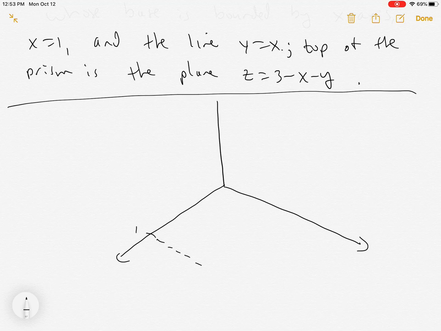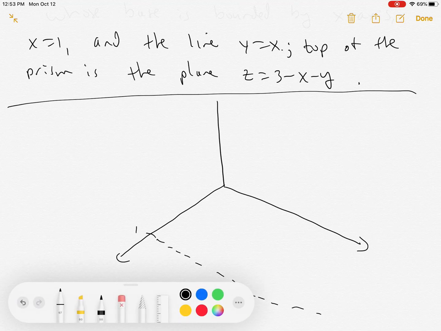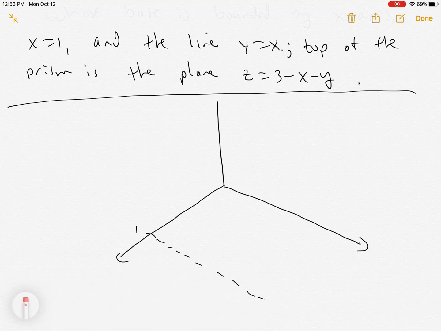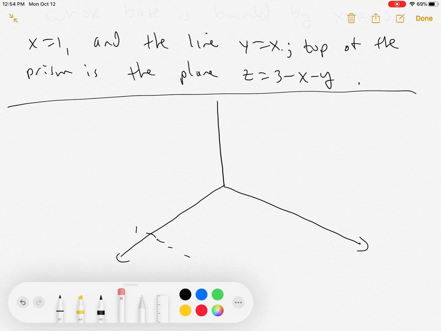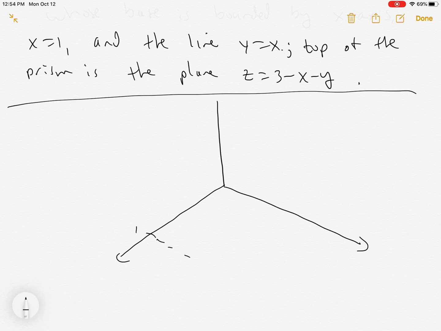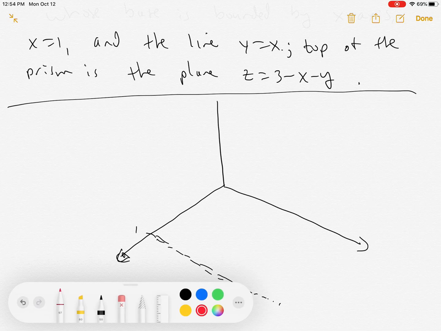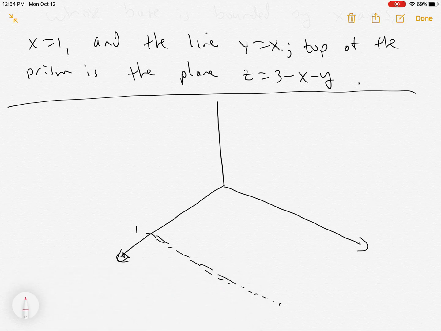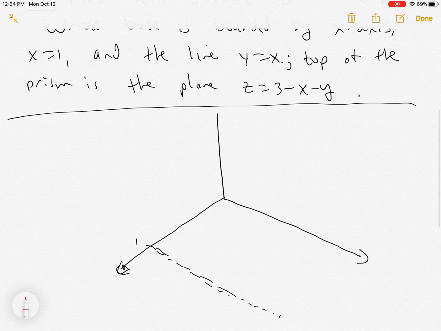So here's the line x equals 1. Then we have the x-axis, so it's this guy, and the line y equals x, which goes like this. So here's our region R.